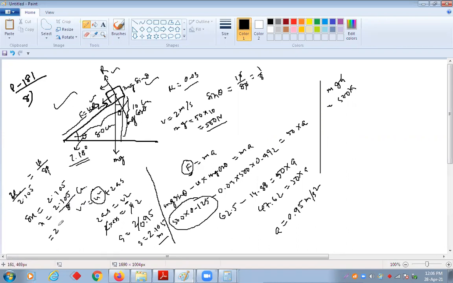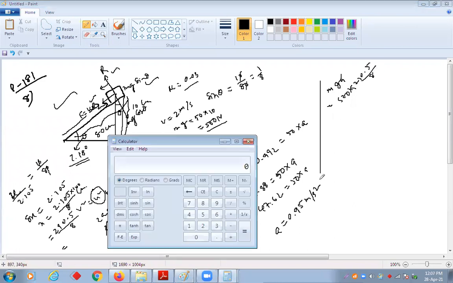The answer will be multiplied by 100. So 0.5 divided by 8. Now you use the calculator again.